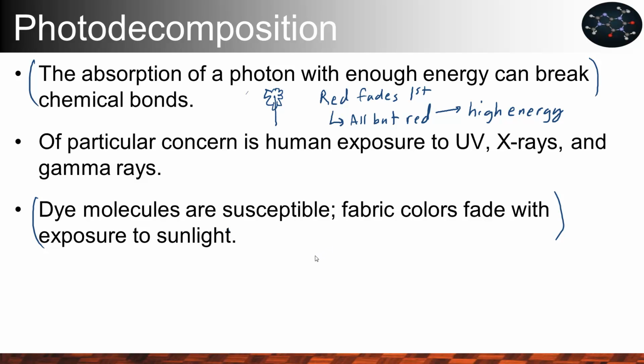Well, think about that. What light is being absorbed by an object that appears black? If the object is black, that means all light, all of those energy regions are being absorbed. So that's even higher energy than the thing that appears red. And so you can kind of explain a little bit why some colors fade faster than others.